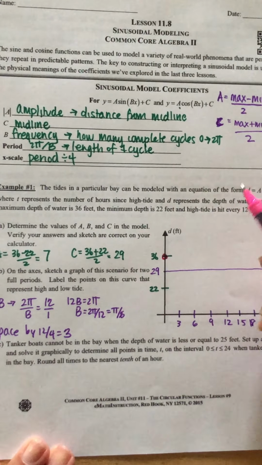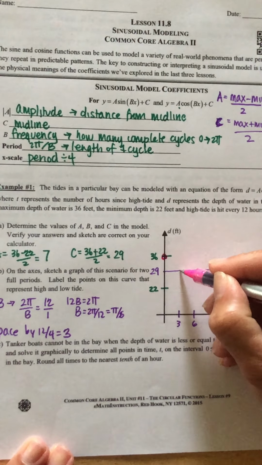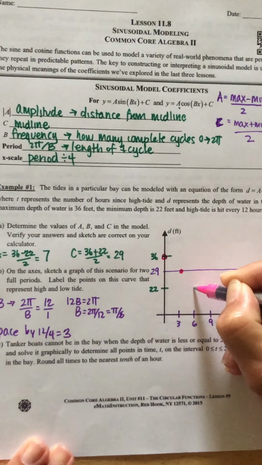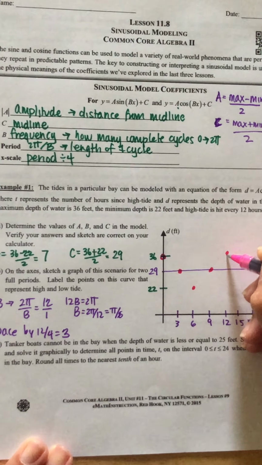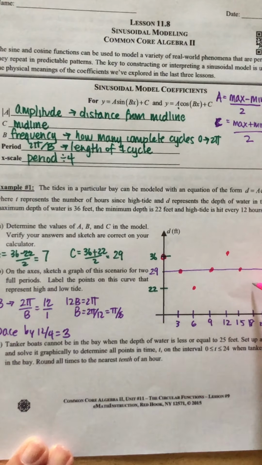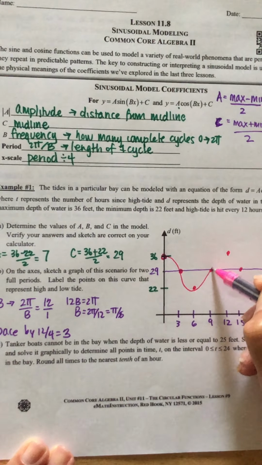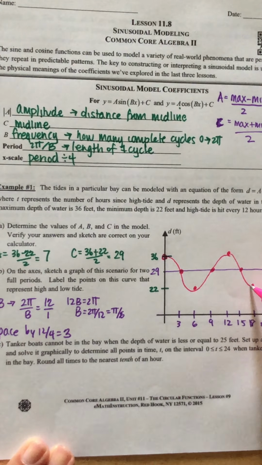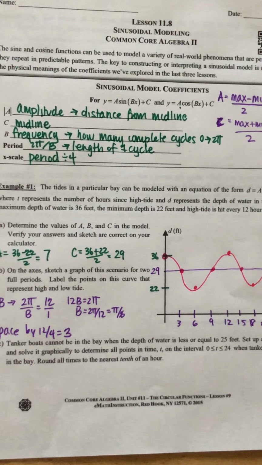And remember, when you graph the cosine curve, it goes max, midline, minimum, back up to the midline, back up to the max, midline, min, midline, max. That's actually a little higher than I wanted. All right, so that is your cosine curve. Okay, that depicts this situation.